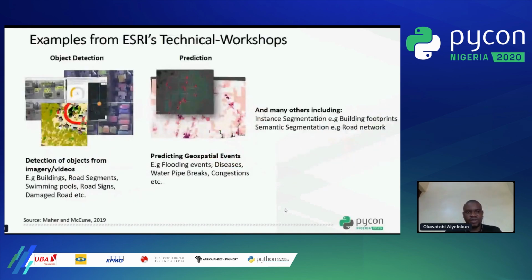Some examples from the Esri technical workshop, you can find them online. There are so many examples of GeoAI, so many interesting things that have been done, and I listed just two here and some others because of the time. For easy understanding, you can leverage object detection and prediction.